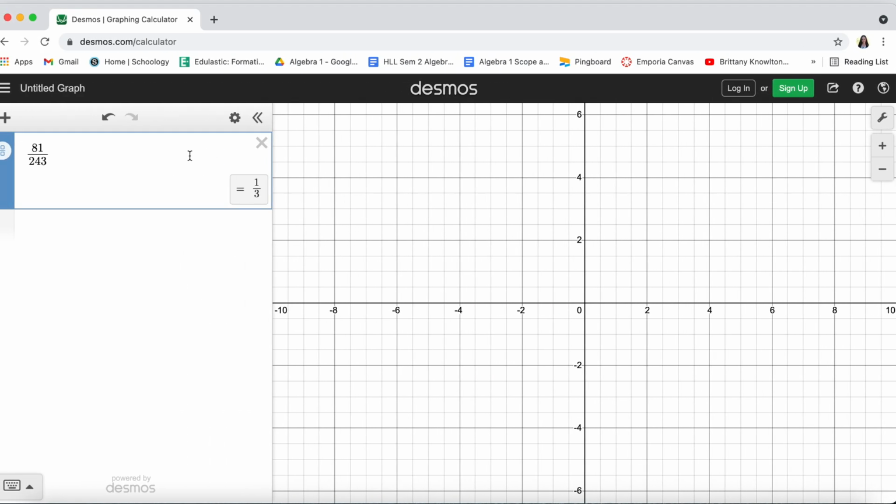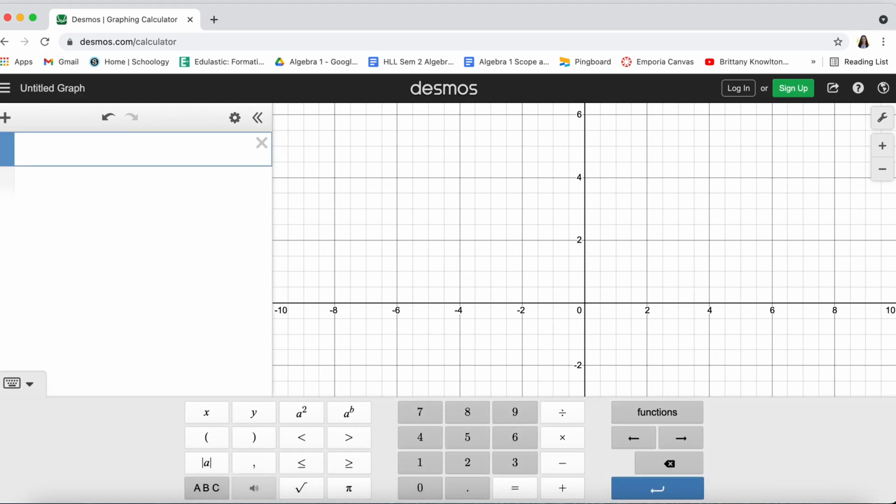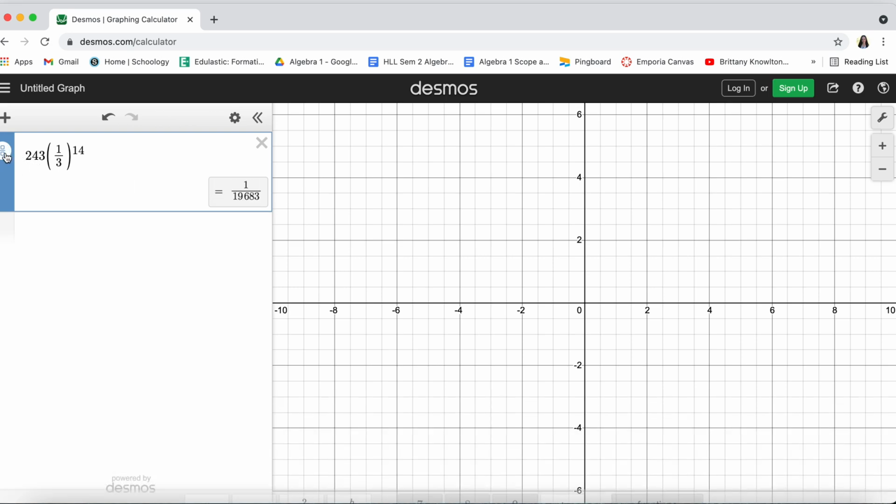And so putting that over in Desmos, I have 243, 1/3 to the 14th. It's going to give me a really long decimal, but I'm going to go ahead and change that to fraction form. And so I get 1/19,683.